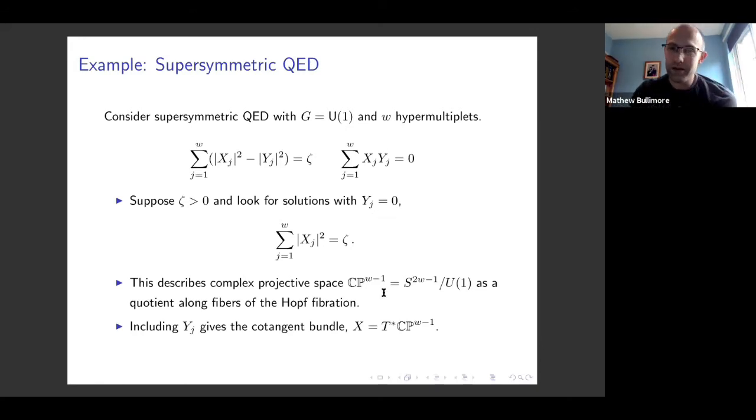And indeed, the whole space is given by the cotangent bundle of the complex projective space. So that's an example. And that was the case when zeta is positive. If it's negative, the result looks pretty much the same, except you exchange x and y.